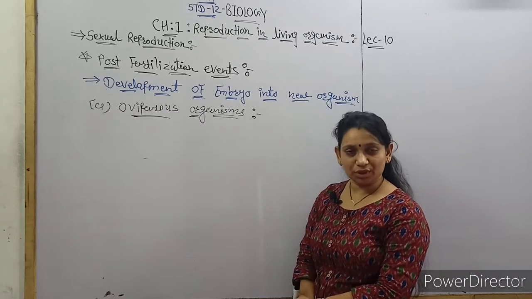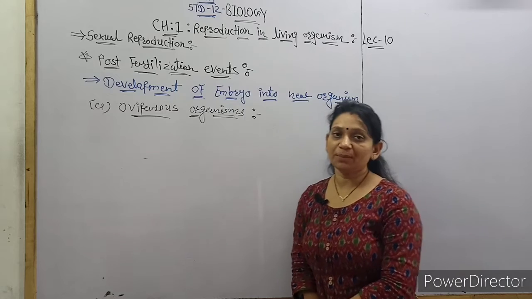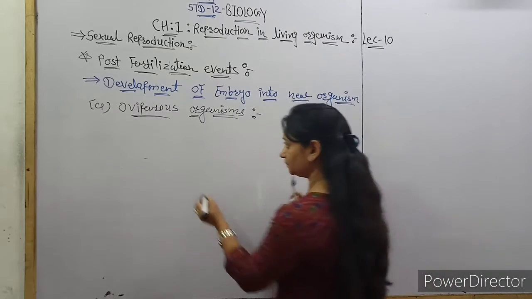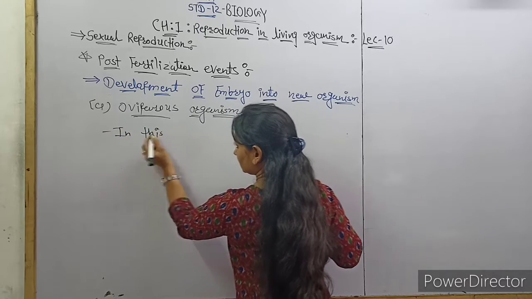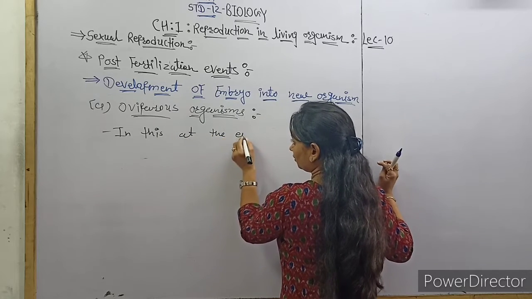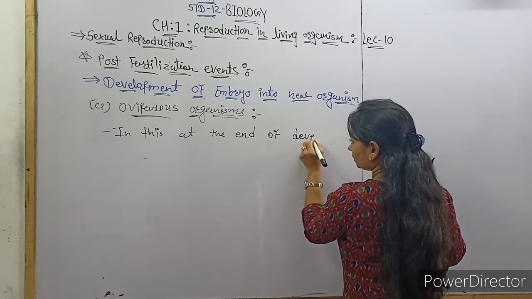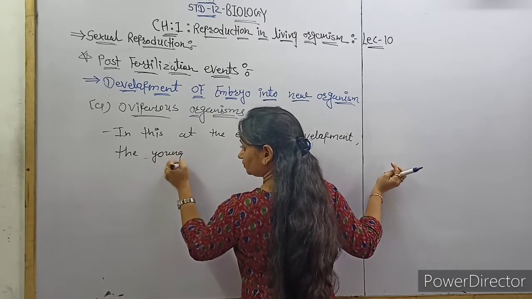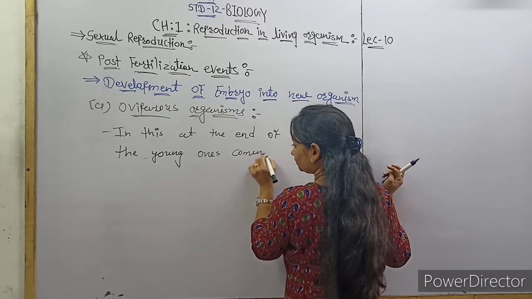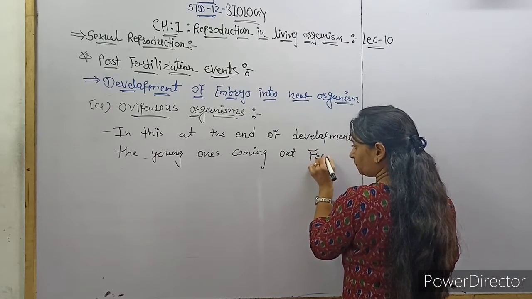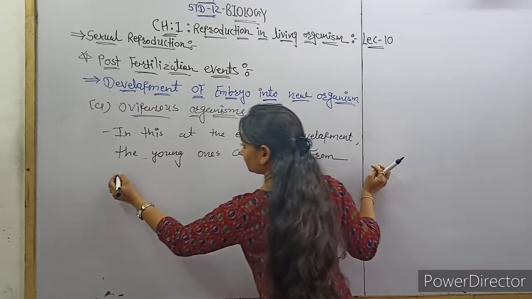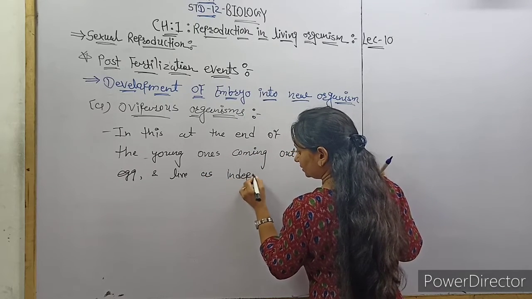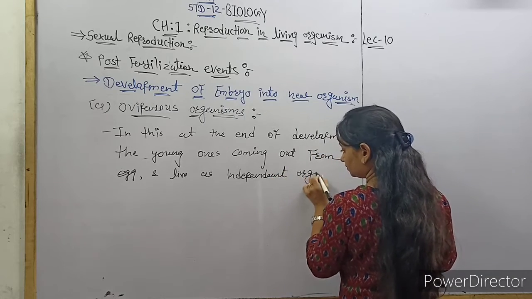Now in these oviparous type of organisms, at the end of development, the young one comes out from the egg and lives as an independent organism.